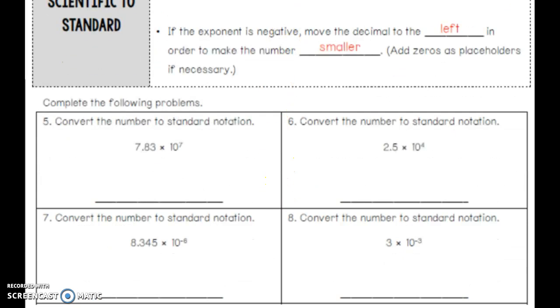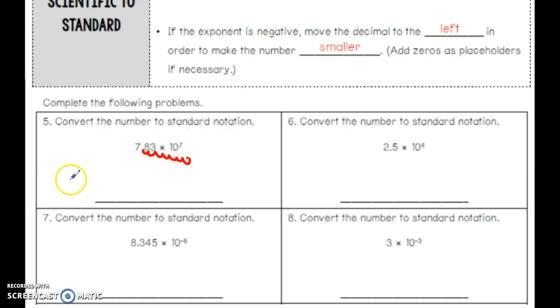So here are some examples. The first one says we have this decimal times 10 to the 7th power. This means we're taking our decimal point and moving it 7 places. Now, after you move it to the right twice, you're running out of digits. So what we have to do is put placeholder zeros. Let's make sure we have 7 all together. There's 1, 2, 3, 4, 5, 6, 7.